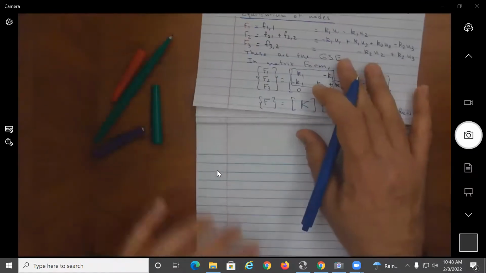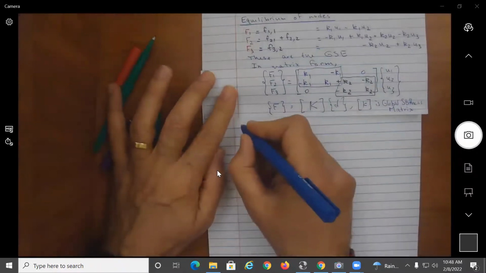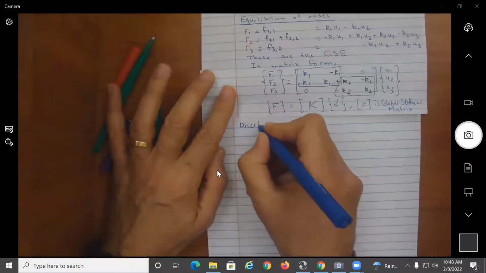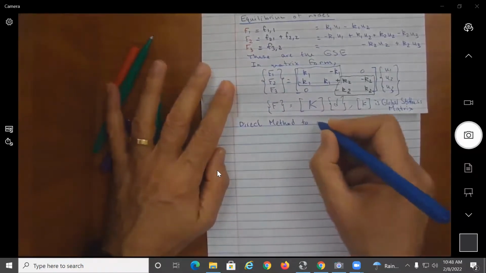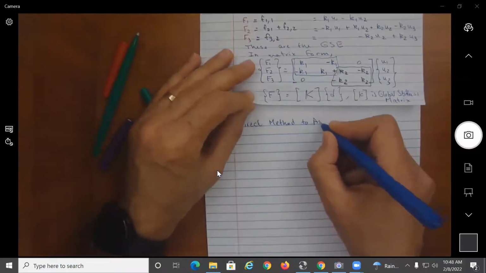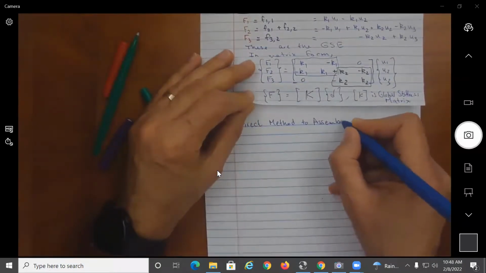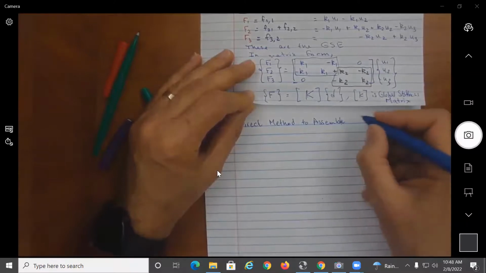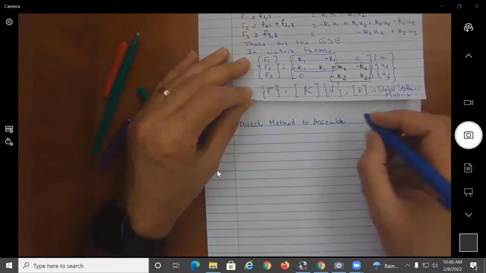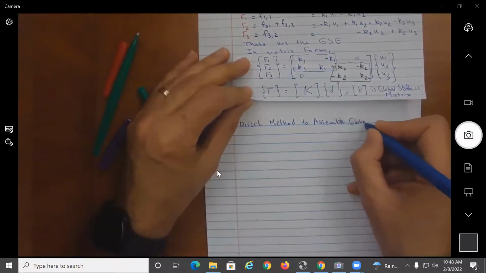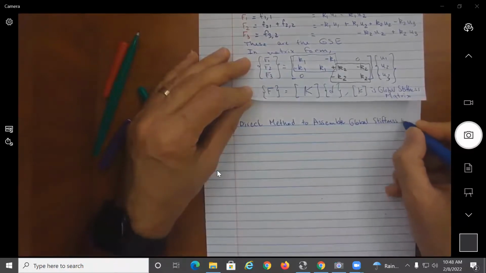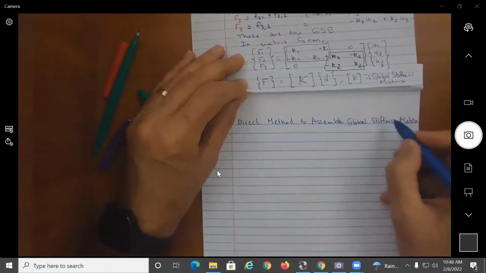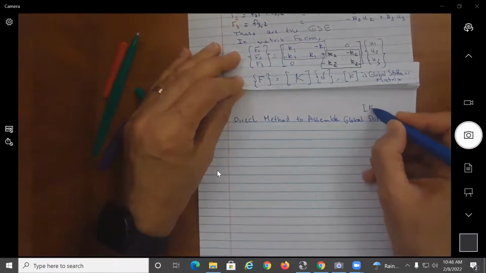So I will come here and say the direct method to assemble the global stiffness matrix. This is the global stiffness matrix here, the uppercase K.